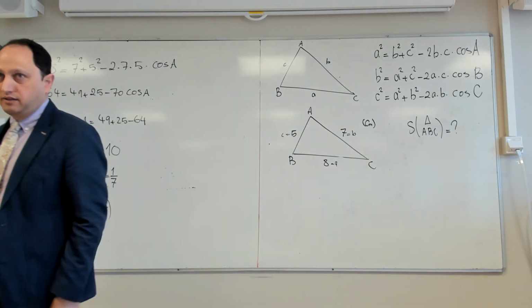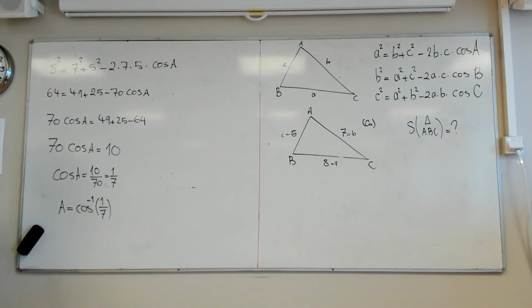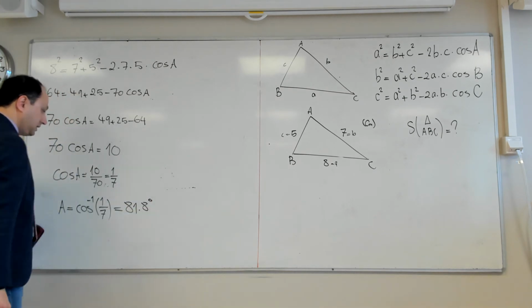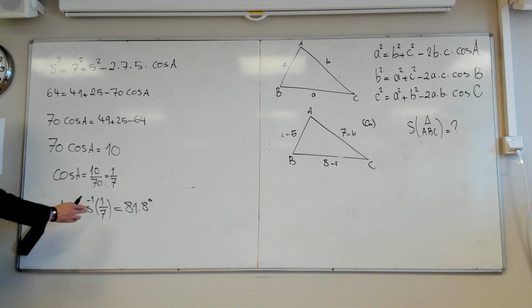You cannot calculate the exact value right now. Okay, so let us just calculate this. How much is that? Let us keep 1 decimal point, yes? 81.8. Okay, so let me put an approximation.